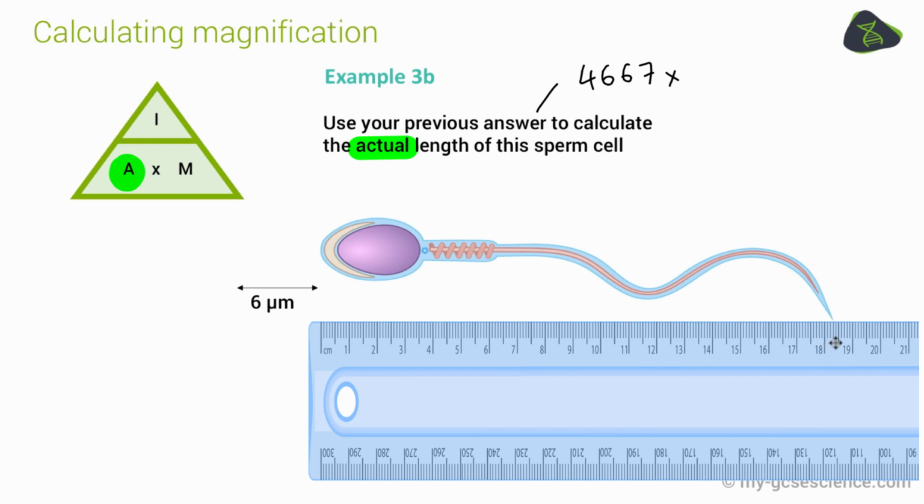So we're talking 183 millimeters in length. Times that by 1,000 to turn it into micrometers. So we have got our image size now, and we have to divide that by our magnification, which we found out on the previous question, 4,667, and we get the answer 39.